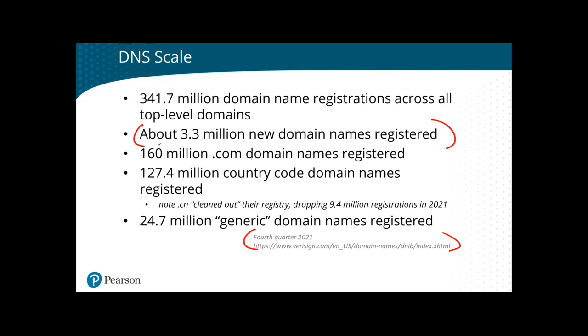About 3.3 million new domains were registered in the fourth quarter of 2021 by itself. 160 million .com registered in total, 127.4 million country code domains like .us, .cn, .to, .eu, et cetera, those are all country codes. And 24.7 million generic domain names registered. So if you're getting $5 per domain for .com, you're not doing too bad. So this is kind of the way the business works.